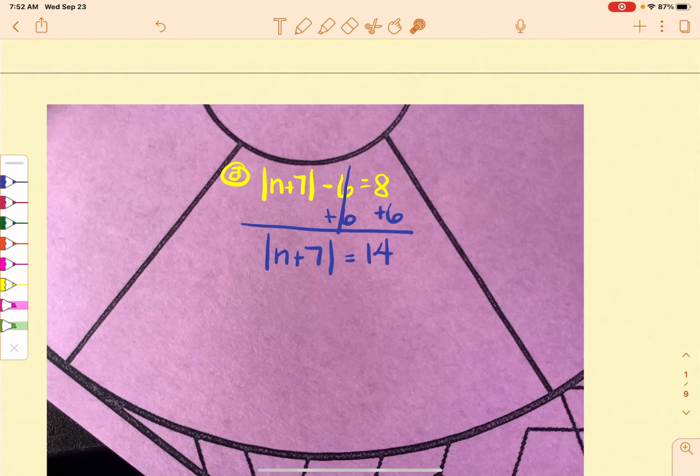Now that my absolute value is alone, I can do my 2 branches. The first time through, you're writing it exactly the way it's written, but you're dropping the absolute value bars. When I do the second branch, I don't have to do anything with the equal sign, but this 14 becomes a negative 14.